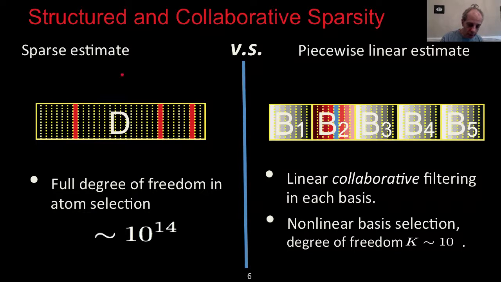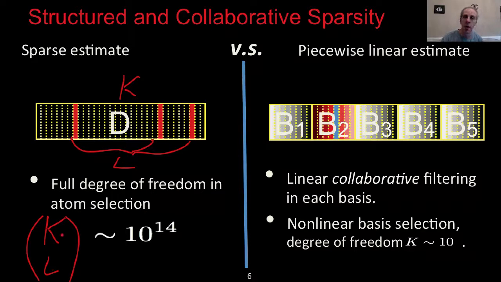So we have K here, a large K, and we're allowed to select L atoms. In this case, 3. And remember, how many options do we have? We have L to choose from K, and that is normally a very large number.